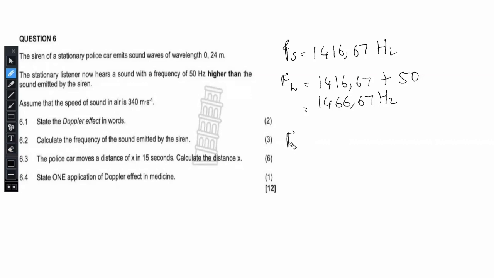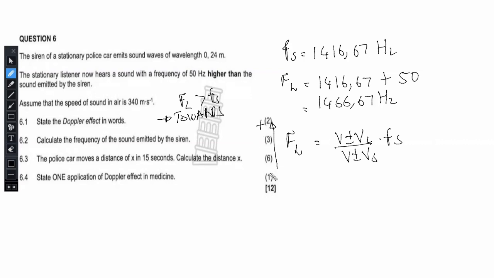Okay, so now we have the frequency of the listener equals (v ± vL) over (v ± vs) times fs. Since the frequency of the listener is greater than the frequency of the source, this means that the police car was moving towards the stationary listener. So our arrow has to point upward there, which indicates that our positive will be up here and our negative down here, right?